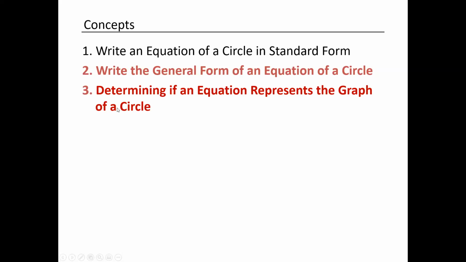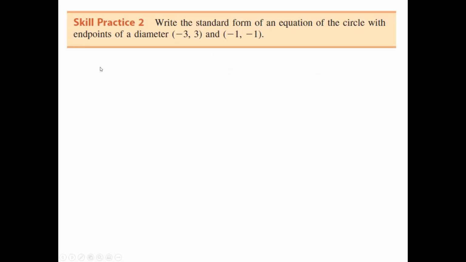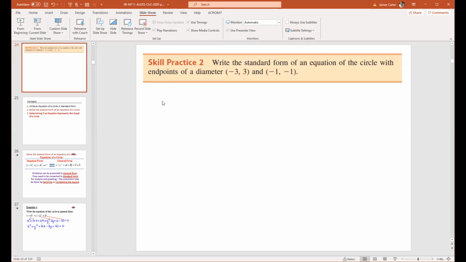So in other words, whoops, I'm going to have to get out of this again so it'll let me write. I've got a graph paper. Okay, here is (-3, 3). And here is (-1, -1).